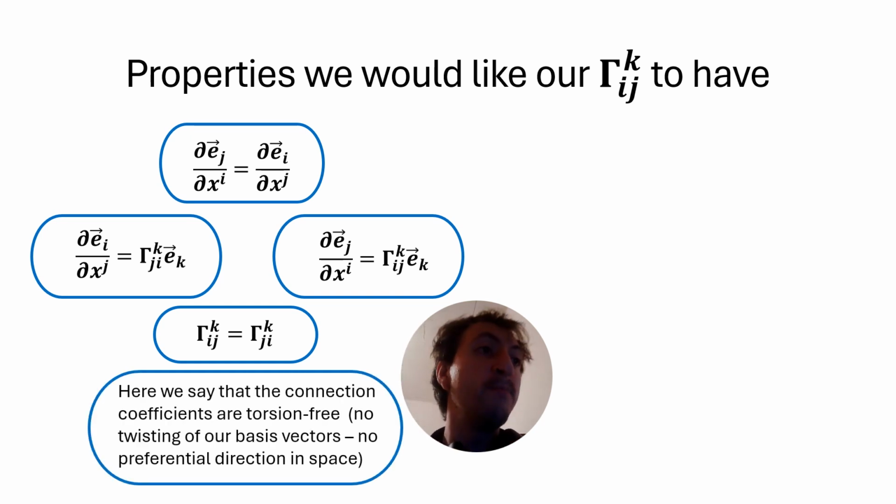So this symmetry of our connection coefficients is based on the idea that we want a coordinate system describing a space that has some degree of symmetry. So there's no torsion present in that space. The space isn't twisting. There's no preferred axis of space.